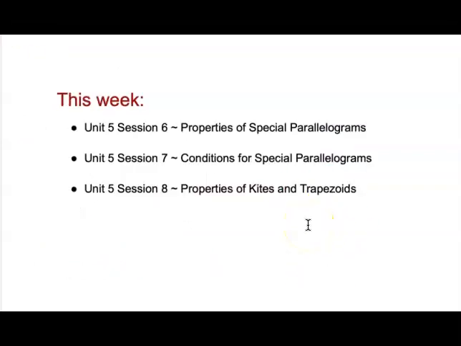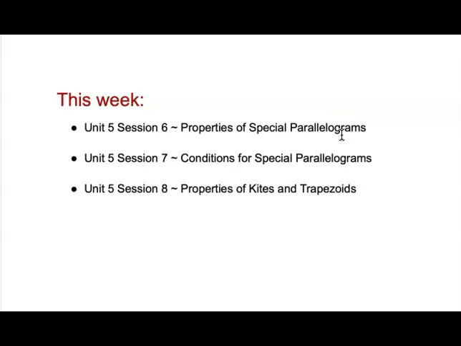All right, so what are we doing this week in geometry? We are going to complete 3 sessions this week. The first one is going to be properties of special parallelograms. So we are going to be learning about rectangles, rhombuses, and squares.